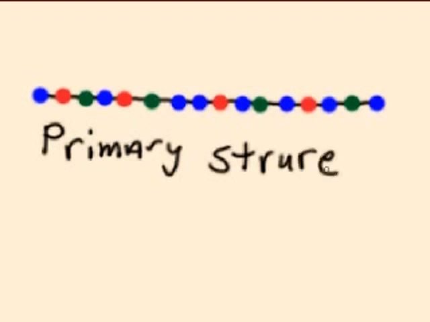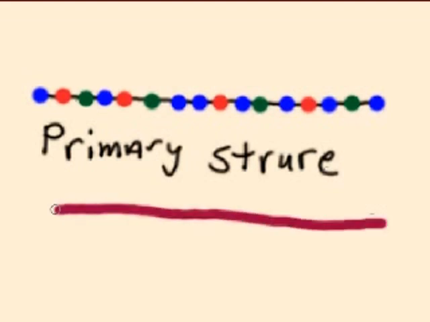Now, I don't want to have to draw all of this every time. So in the future, rather than drawing all of this, I'll just draw this for the string of amino acids. And so that's the primary structure.